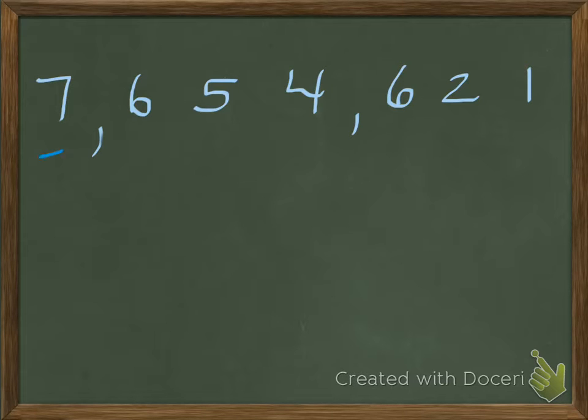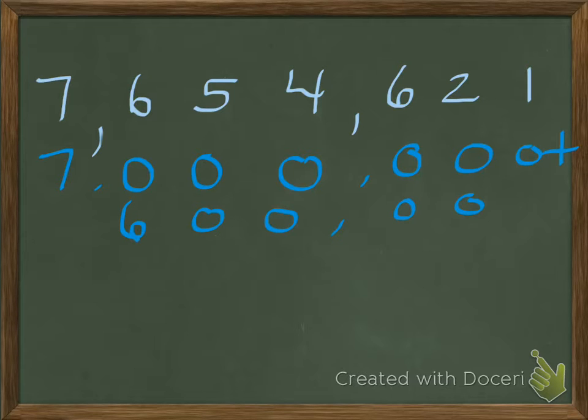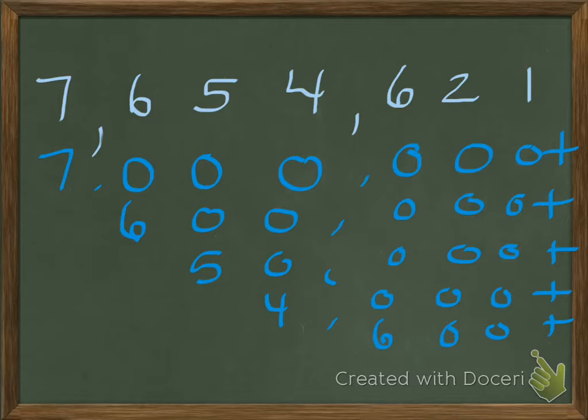So you have 7 million, and then they write the addition sign right there. 600,000, addition sign. 50,000, addition sign. 4,000, uh-oh, running out of room, plus 600, plus 20, plus 1. I made it. And that, my friends, is expanded form.